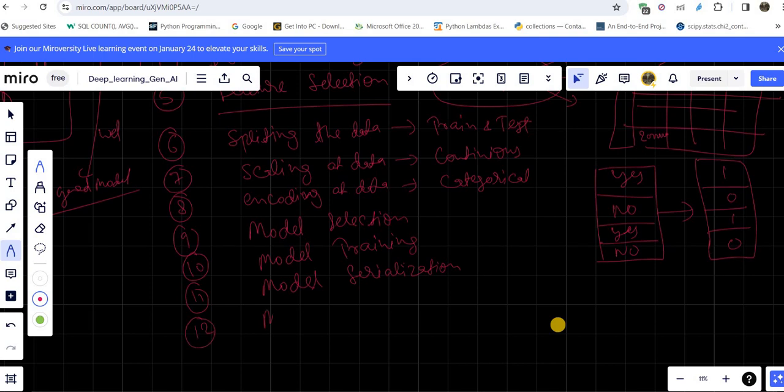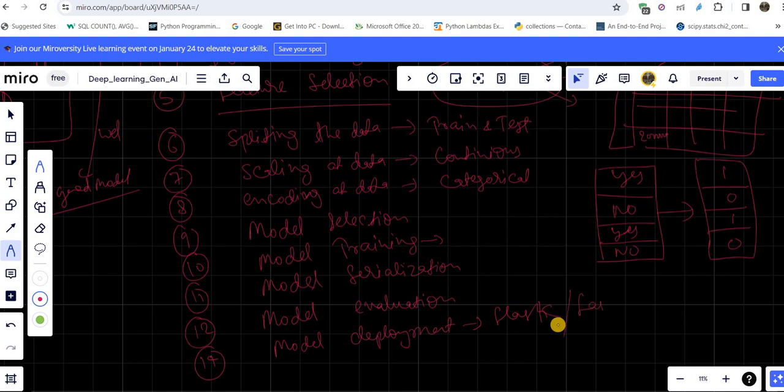And the last is model evaluation. It's performance evaluation. There is something called model hyperparameter tuning also during the training, which I will include, and we'll see model evaluation. And the last is again, you'll have to do model deployment. Deployment, either with Flask, there are a lot of options.